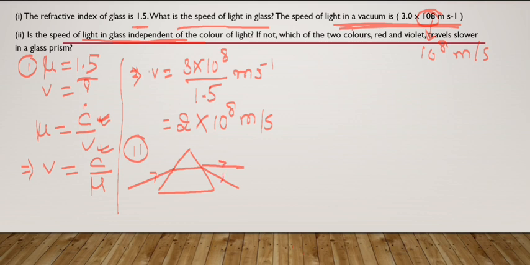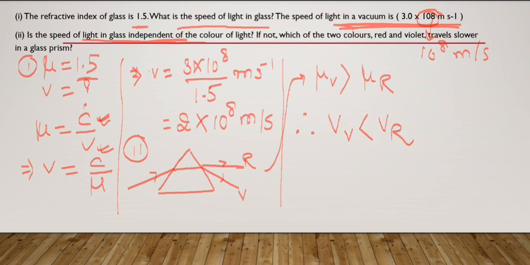The most deviation is of the violet component of the white light, and the least deviation happens for the red component. From here, we can conclude that the refractive index of violet light is greater than the refractive index of red light. Therefore, the velocity of violet is less than the velocity of red.